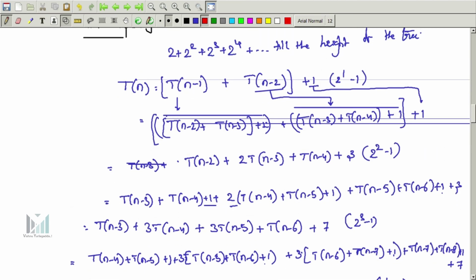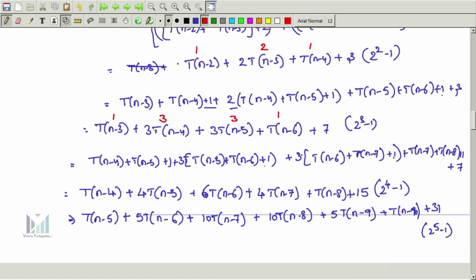Initially it is 1 1, and this is 1 2 1, this is 1 3 3 1, and this is 1 4 6 4 1, and this is 1 5 10 10 5 1. So it is a kind of Pascal triangle.